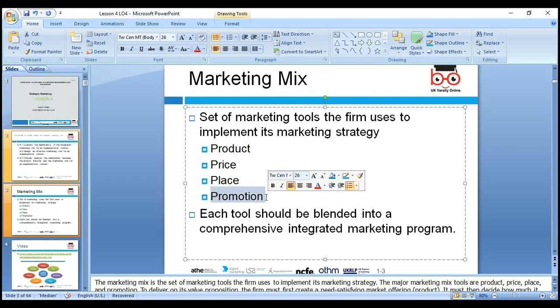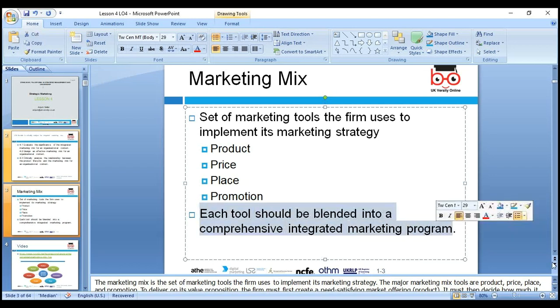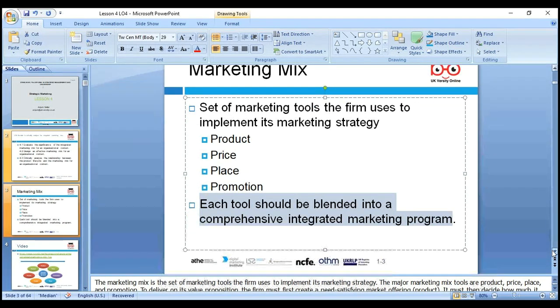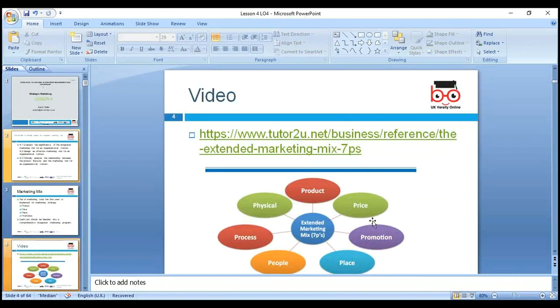Promotion is which tools you use to promote the product, on radio or television. The purpose of promotion can be to remind, inform, or persuade. So we need to design our promotion according to the customer.